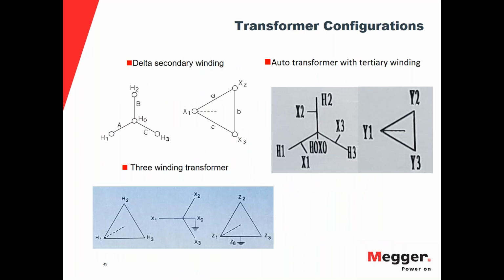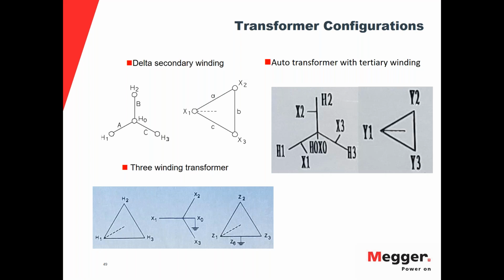There are other transformer configurations that, like we said earlier, can show a little higher voltage dependence than other transformers. Obviously, autotransformers with tertiary windings that are delta could be an issue, as we saw earlier. We have delta on the secondary. Again, if we're doing high voltage to low voltage, here is another example where we get that loading on the secondary side.